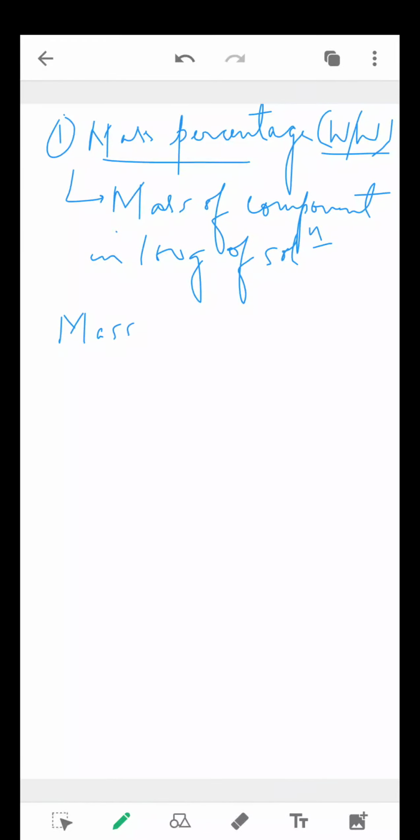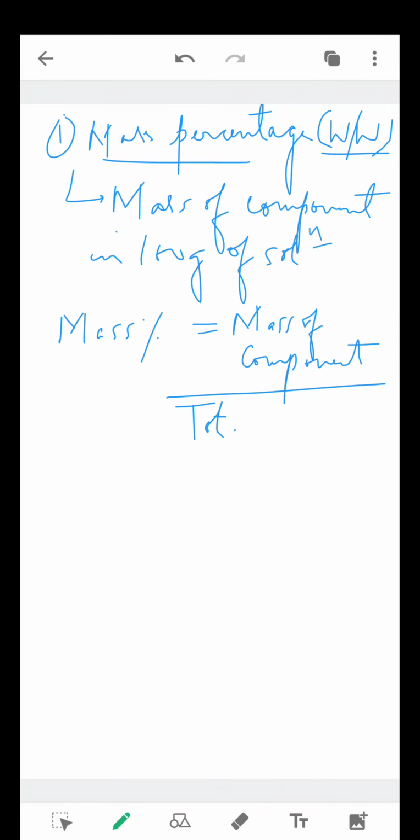The mass percentage of a component will be the mass of the component divided by the total mass of the solution, into 100.